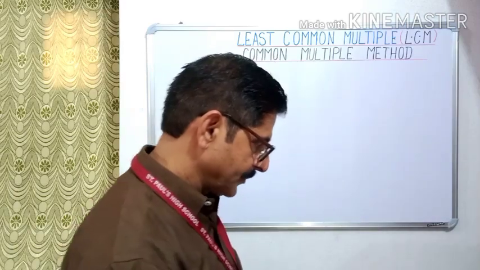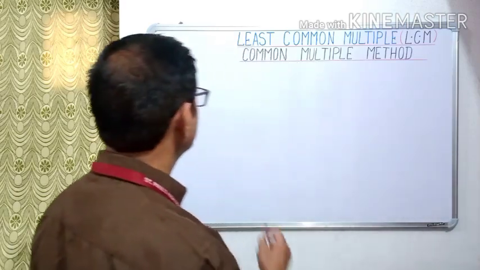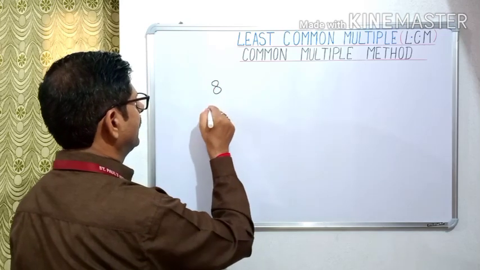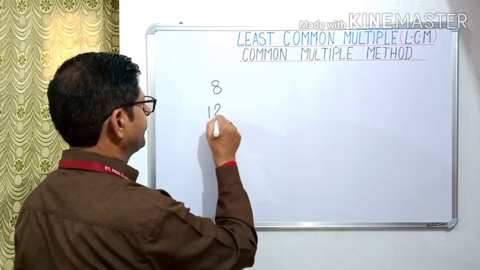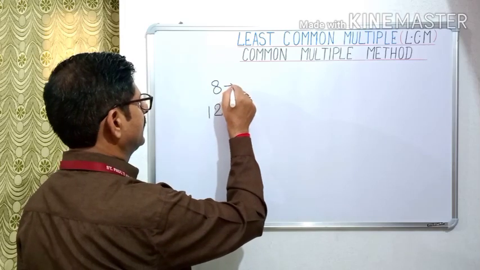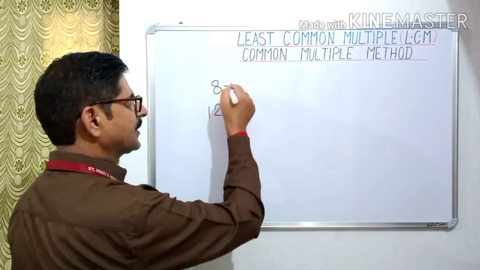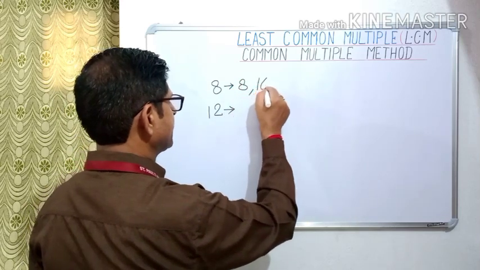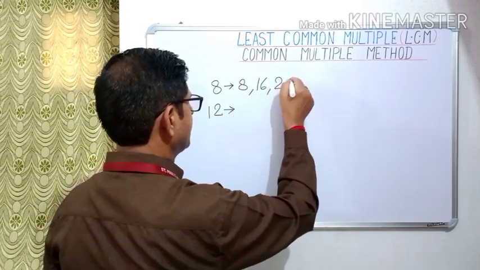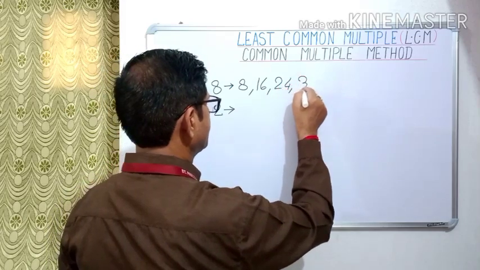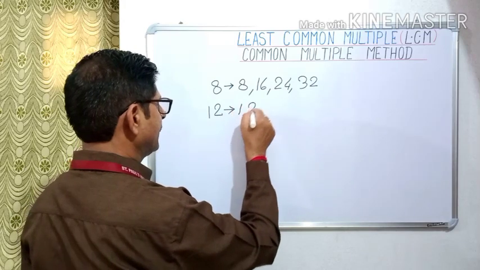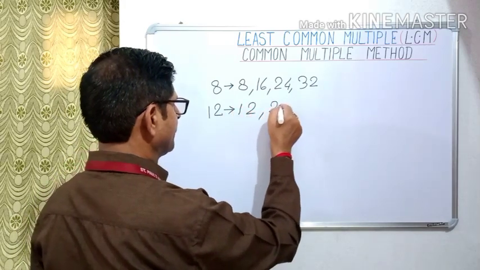To make it more clear, let us take an example. Take numbers 8 and 12. Now write the multiples of 8. 8 1s are 8, 8 2s are 16, 8 3s are 24, 8 4s are 32, and so on. 12 1s are 12, 12 2s are 24.